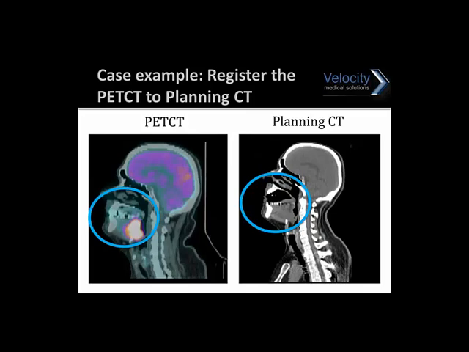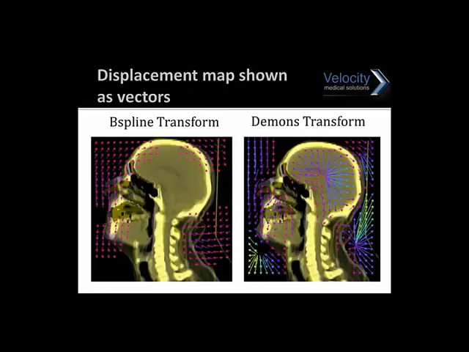So when it didn't have any air in that space, it tried to borrow some from the nasal cavity and brought it into that area. And that, in turn, affected the voxels towards the back of the throat as well. So that's just nice to be able to see, to analyze your deformable. Not just the visual results, but also look at the maps to see, are your voxels moving in an anatomically correct way.